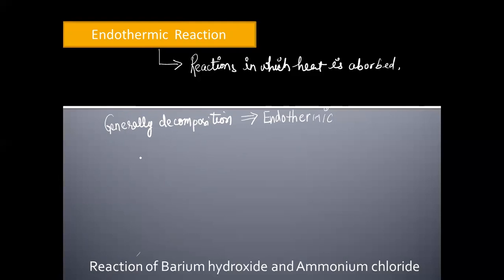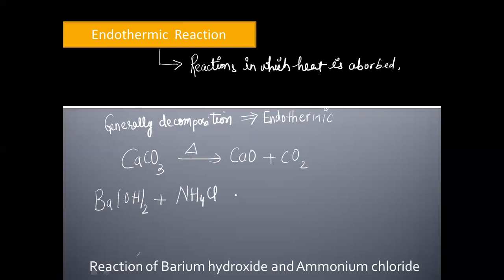Now, a lot of examples you can give here, like calcium carbonate decomposed in the presence of heat. Calcium oxide and carbon dioxide is formed. Another example is clearly given over here, reaction of barium hydroxide. Barium hydroxide, Ba(OH)2, and ammonium chloride, that is NH4Cl. These two react, then the temperature of the reaction mixture gets lowered.